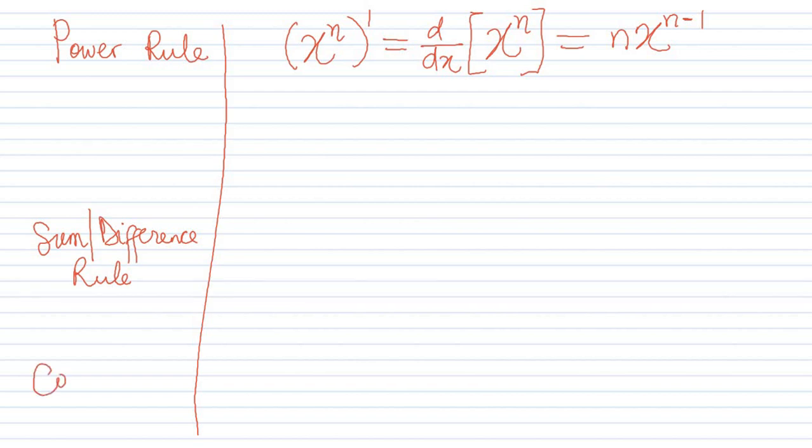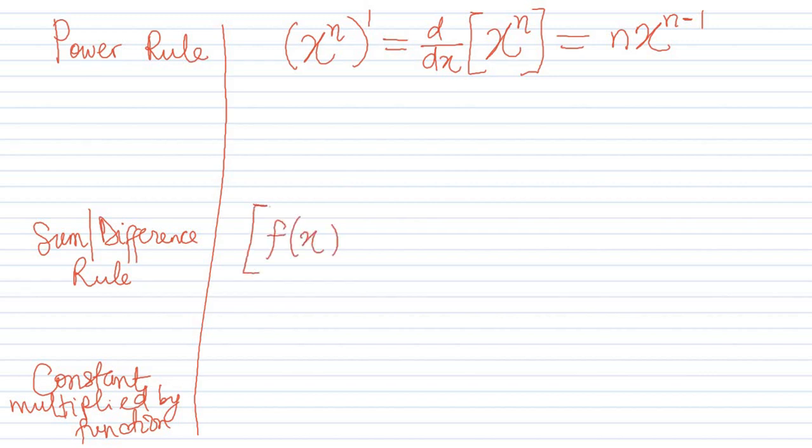And then just basically a constant multiplied by a function. So that's that one. It's also here, if you have f of x plus or minus g of x, prime.